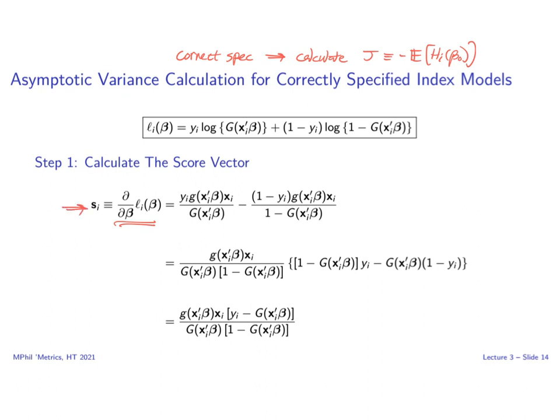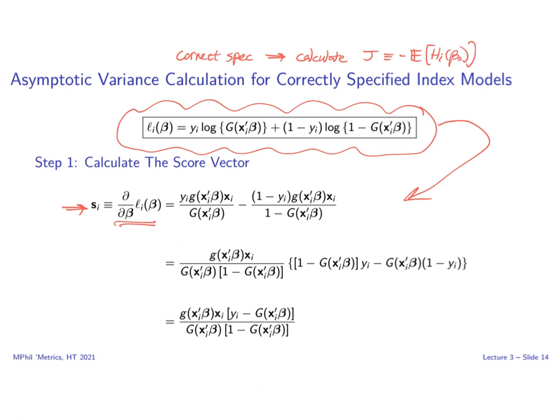Using our result for the log likelihood of an index model from the previous video, we can calculate the score as follows. The derivative of the log likelihood with respect to beta takes the following form. First, we will differentiate yi times the log of g of x prime beta with respect to beta.